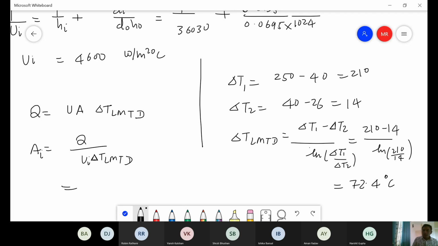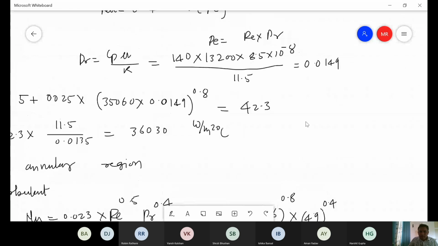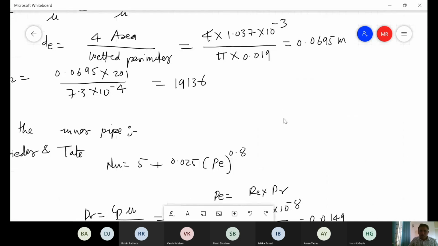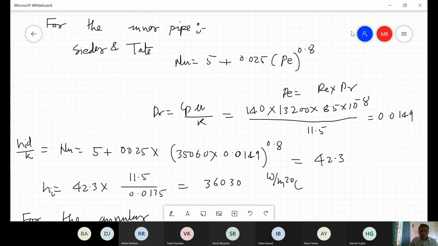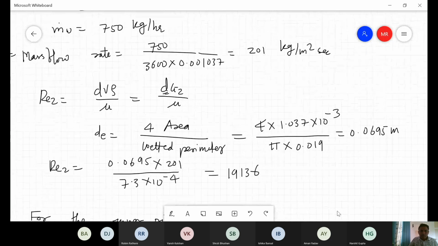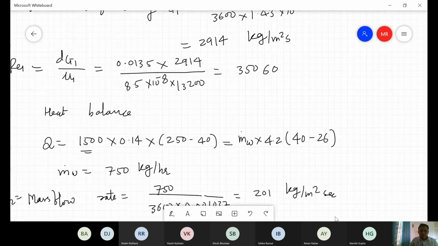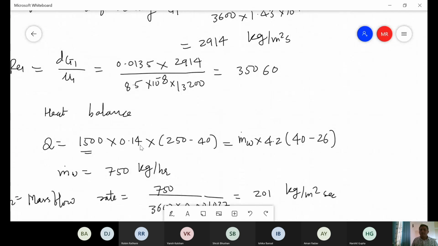So total amount of heat transfer we have anyway calculated earlier, so I can go back here. The total amount of heat transfer required, that we already calculated. This is the total amount of heat transfer, isn't it?